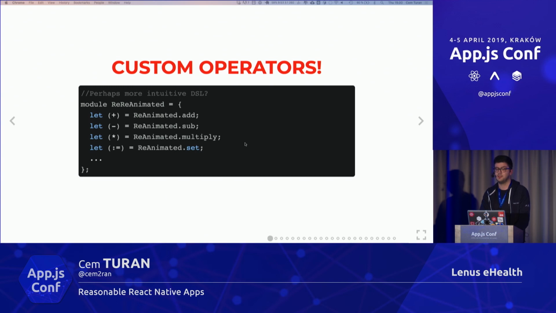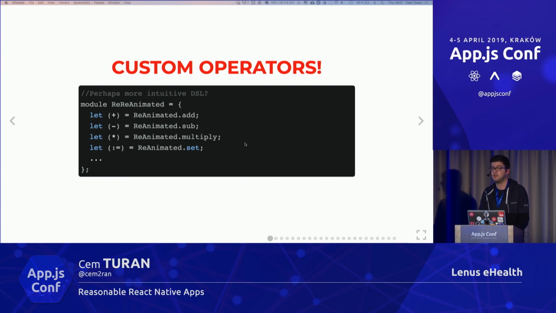If you're familiar with Reanimated, you build up this tree of instructions, and sometimes it looks a bit weird or not what you're used to, with a lot of nesting.